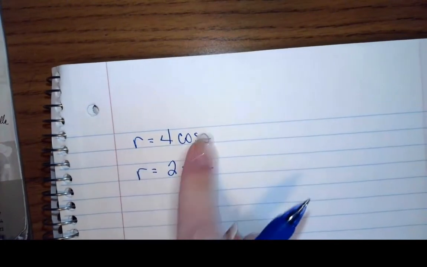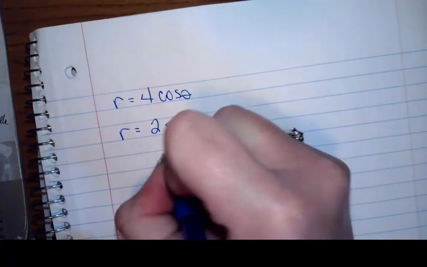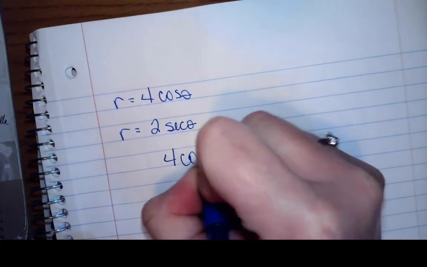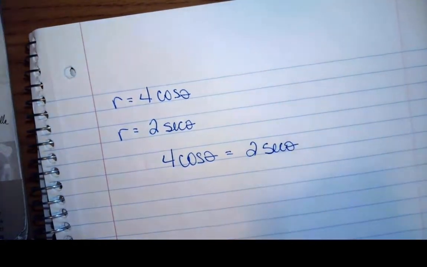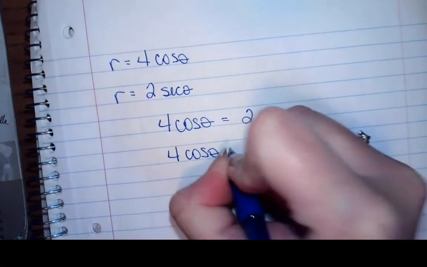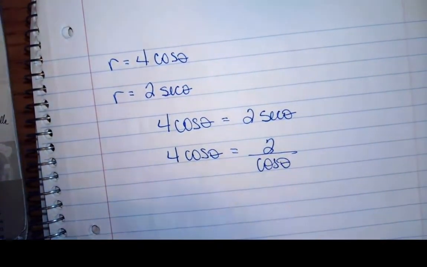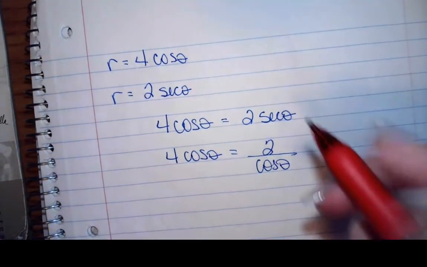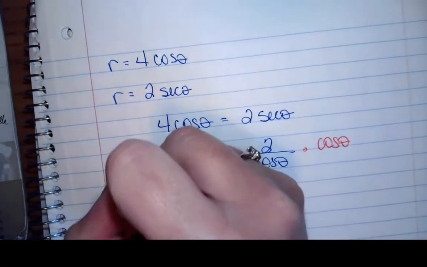If r equals this and r equals that, I can set them equal to each other. So I have 4 cosine theta equals 2 secant theta. I'm going to rewrite that as 4 cosine theta equals 2 over cosine theta. I don't want my cosine on the bottom, so I'm going to multiply both sides by cosine.